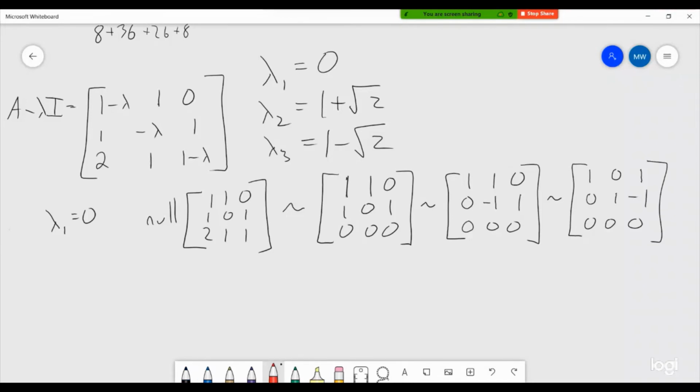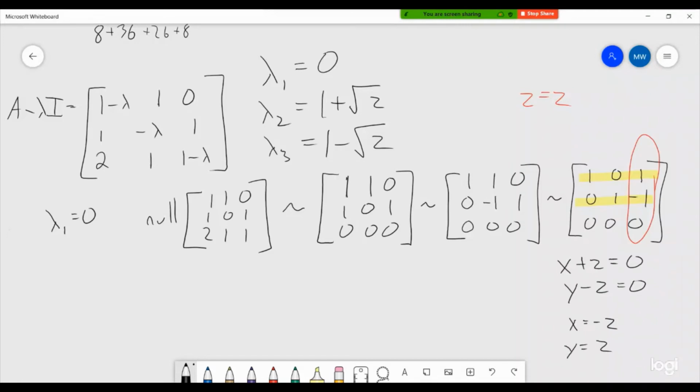So we have a free variable in the very last spot, so that tells us z equals z, or I think your book uses z equals t. Either one works. The first two lines give us two different expressions for the other variables. So we get x plus z equals 0, and y minus z equals 0. That tells us x equals negative z and y equals positive z.